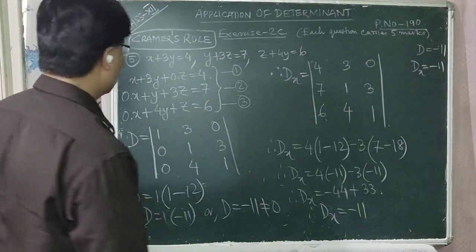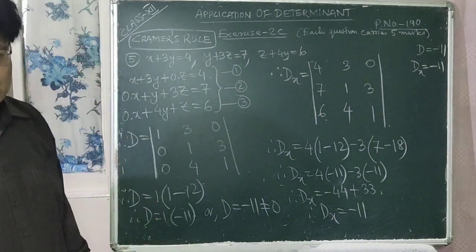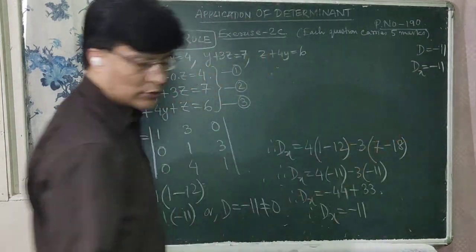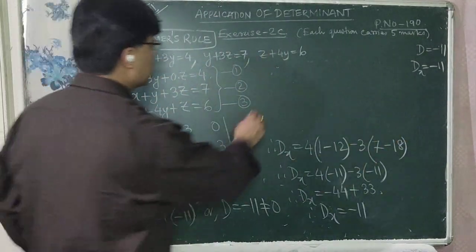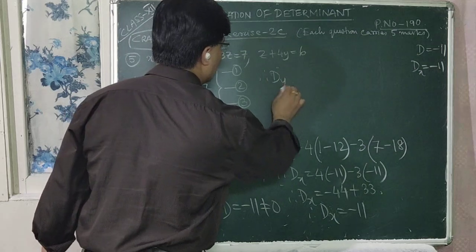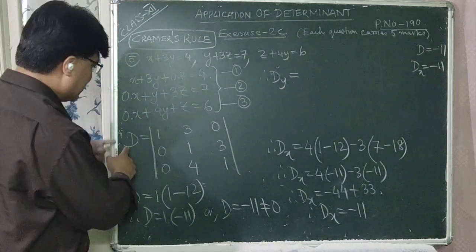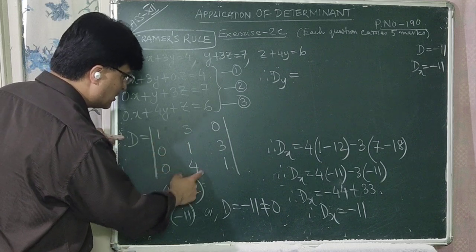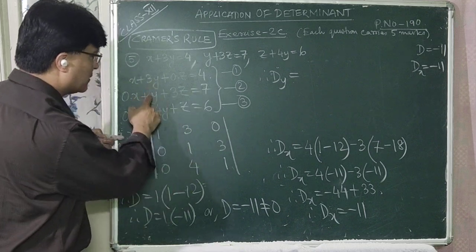So now let us find out the value for the determinant dy, right? So now what is dy in this case? You know that in determinant d, the second column are the coefficients of y.